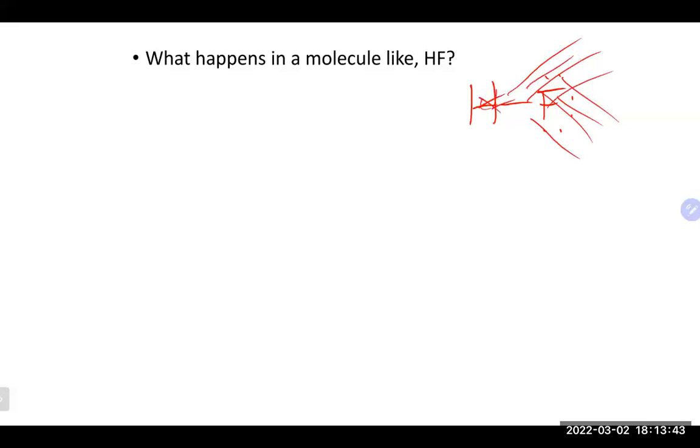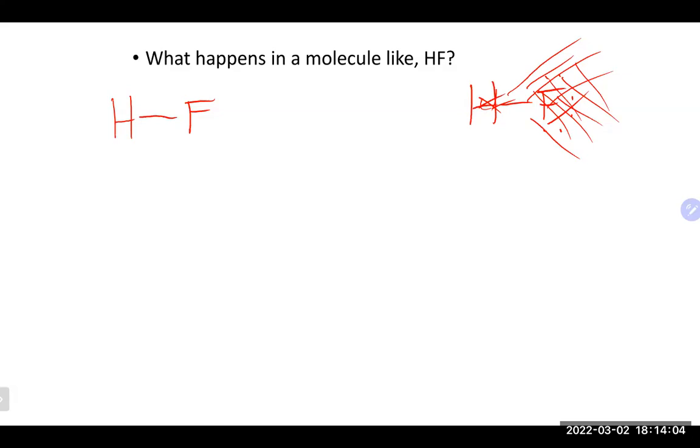Again, my wonderful artist drawing of lines represents the electrons hanging out over there. The result is we're going to get some unequal sharing between the hydrogen and the fluorine.